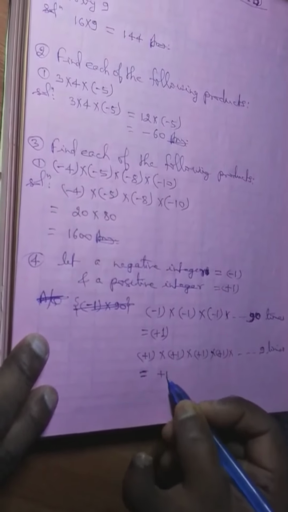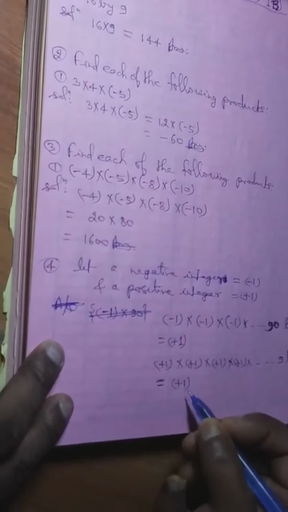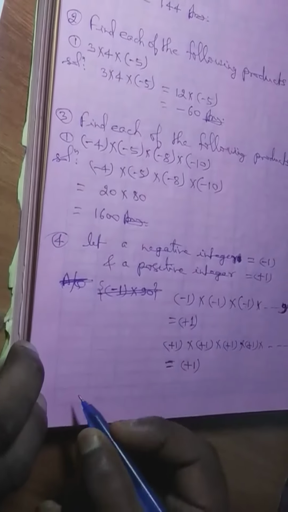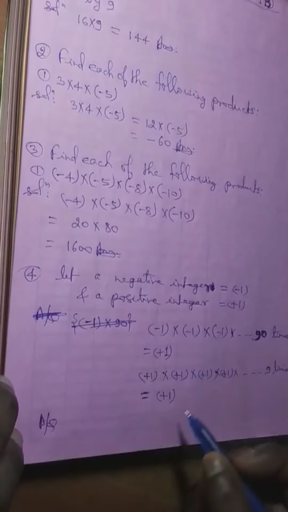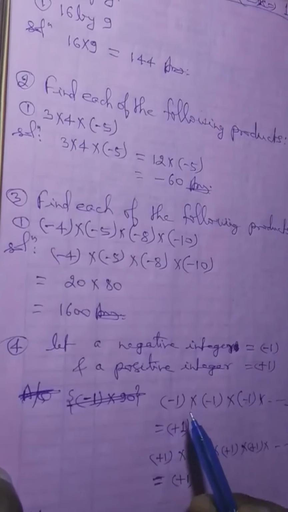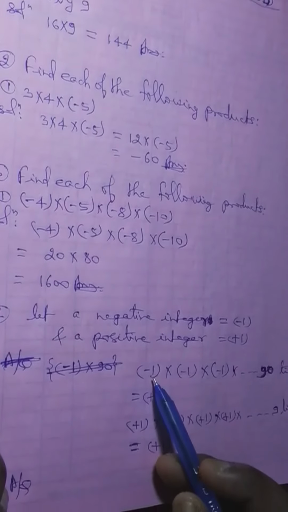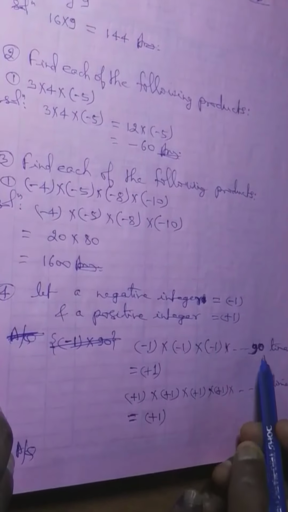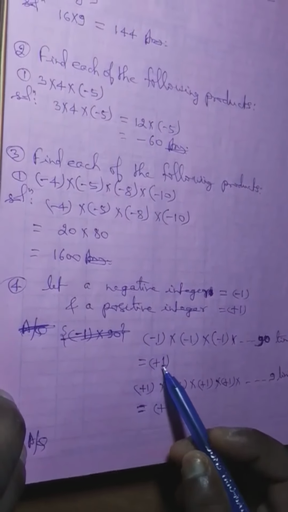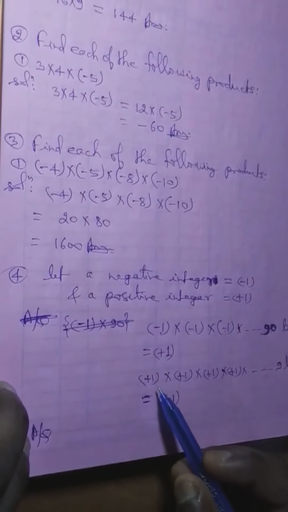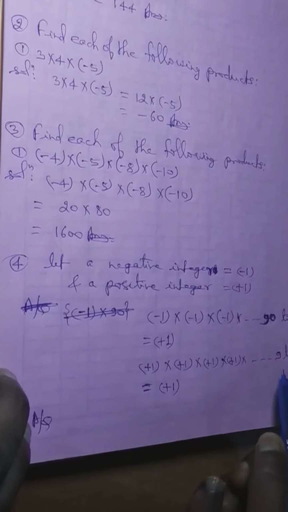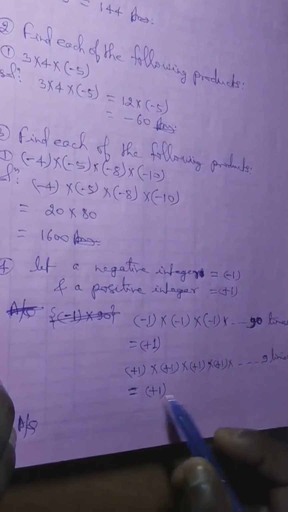So plus 1. Now according to the question, this is the product of negative integers 90 times and the result is plus 1, and this is the product of positive integers 9 times and the result is plus 1.